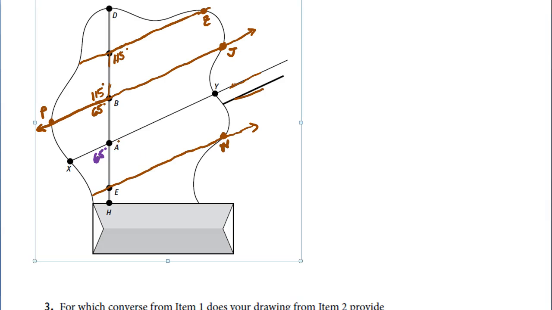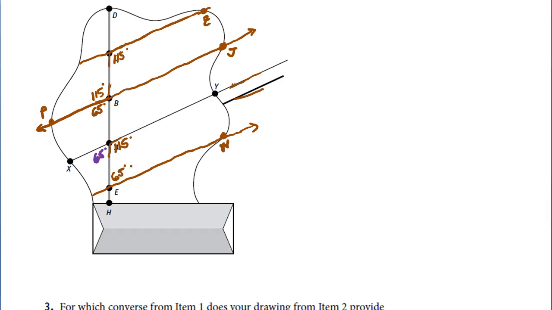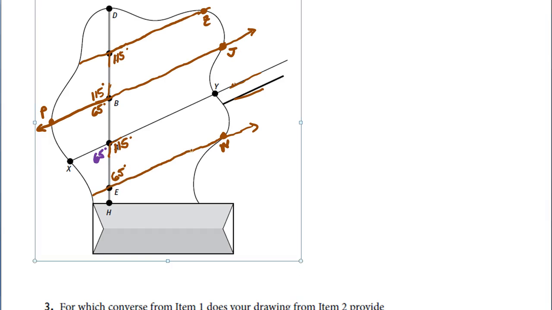So the idea would be like if we knew that this angle here was 115 degrees, we could then put a protractor tool on the paper and measure this angle here, and as long as we make this 65 degrees, then this string will turn out to be parallel to this string. These are same side interior angles, and we want these to be supplementary in order for the lines to be parallel.